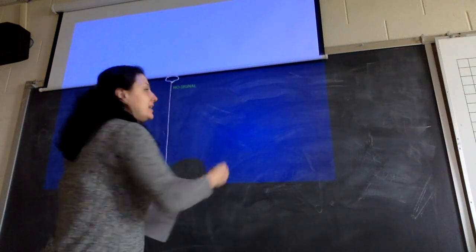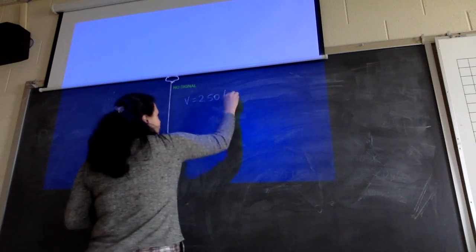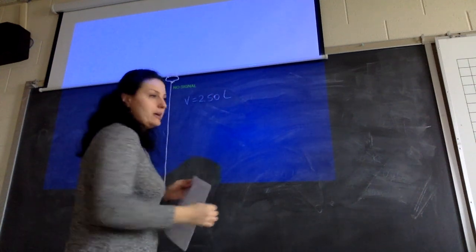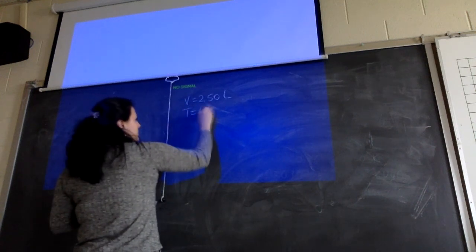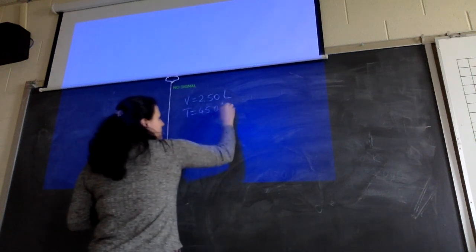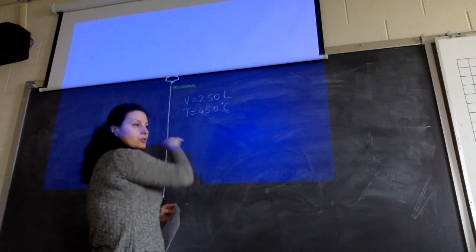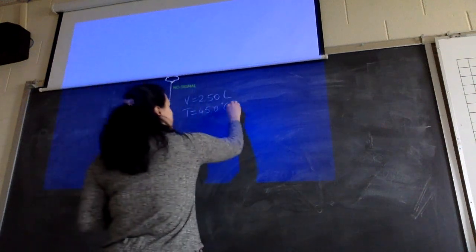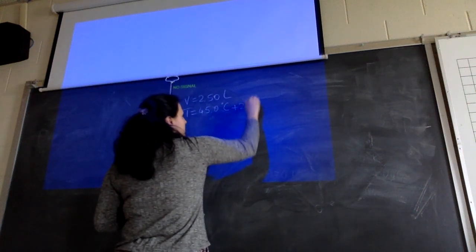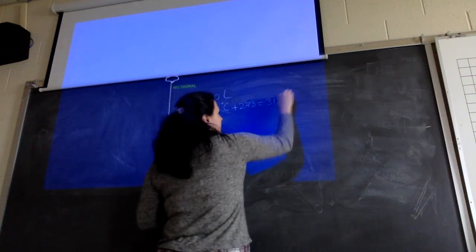Okay, what do I have? I know the volume, so my volume is 2.5 liters. I know the temperature, which is 45 degrees Celsius. I might as well go ahead and convert it to Kelvin, because I will need to do that anyway. So plus 273 gives me 318 Kelvin.